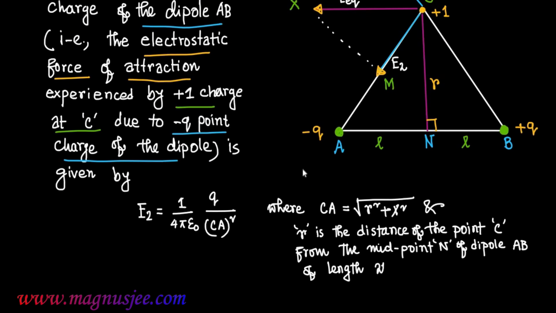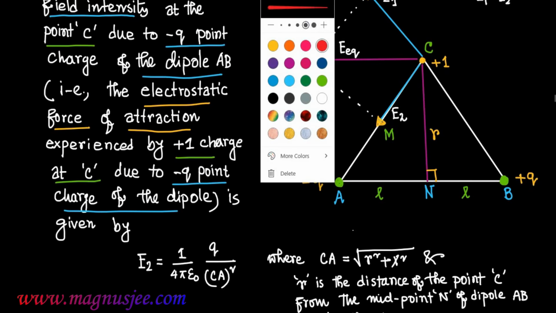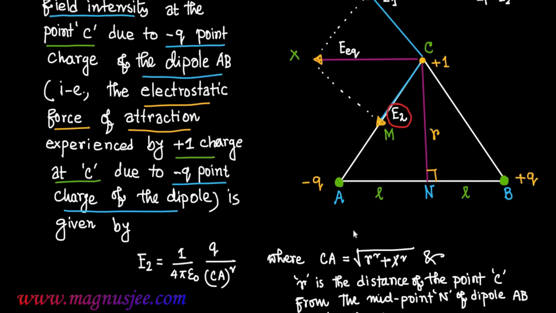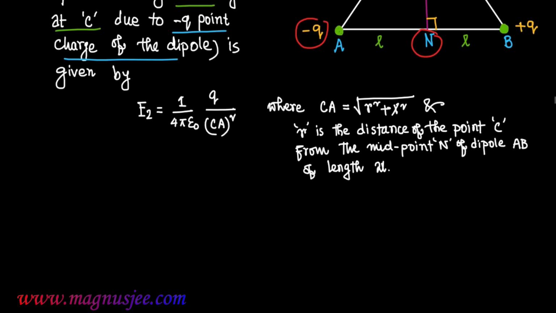And E2 acts along CA. That's why the charge Q should be divided by CA whole square, not AC square. Field intensity E2 acts from the point C towards the minus q charge, and r is the distance of the point C from the midpoint N of the dipole AB. E2 equals 1 by 4 pi epsilon 0 q divided by root over r square plus L square, whole square.